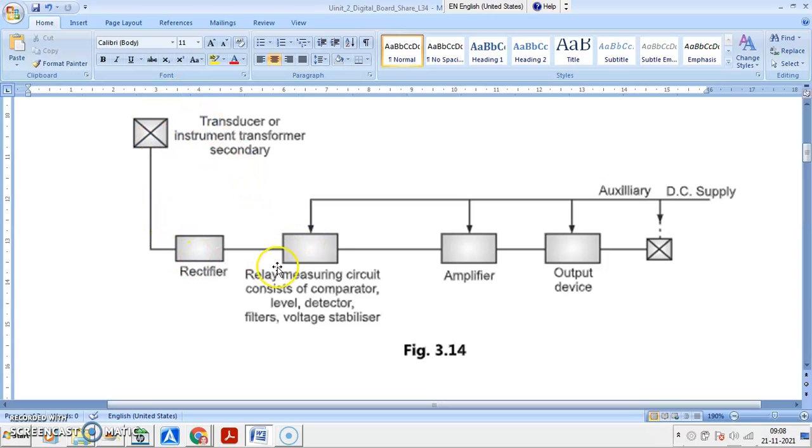But because of power swings, multiple transient voltages and currents come from the primary side through the CT and PT to the transducer.